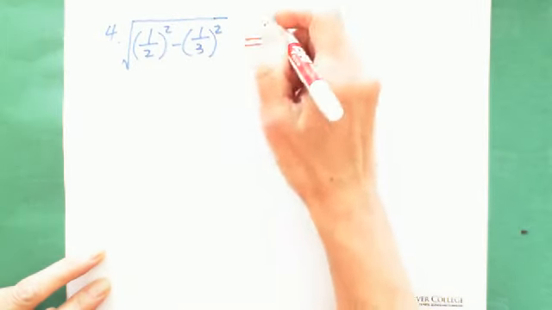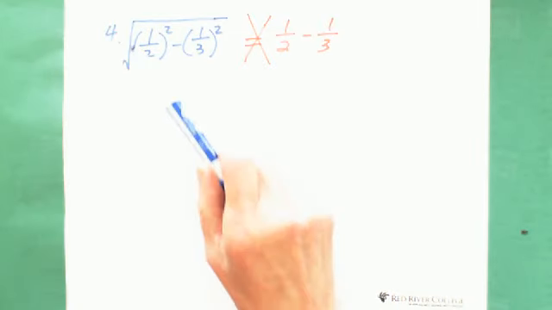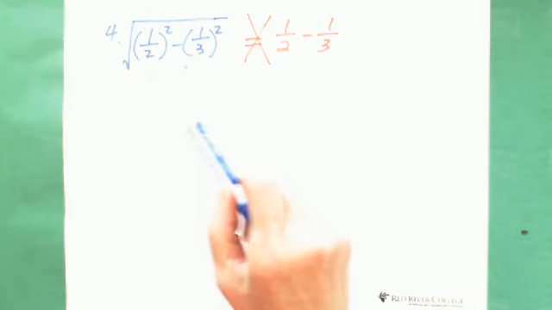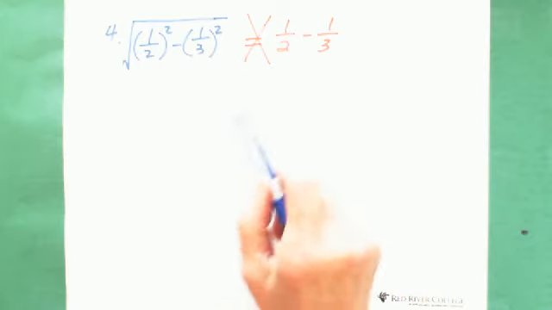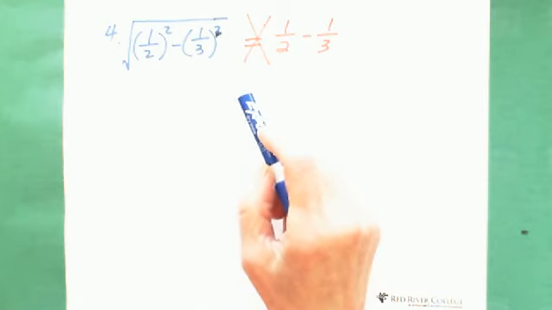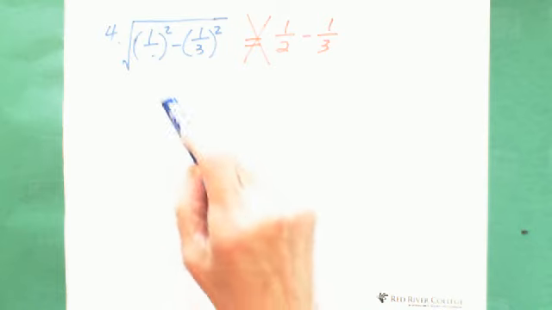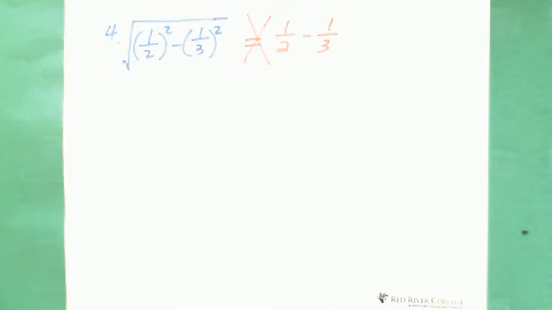No, we can't do this. Be very careful. Under the square root, we need to do the operations first: first square, then subtract, then take the square root. That is the order of operations. Under the radical, you do all the operations, and the last step is the square root.